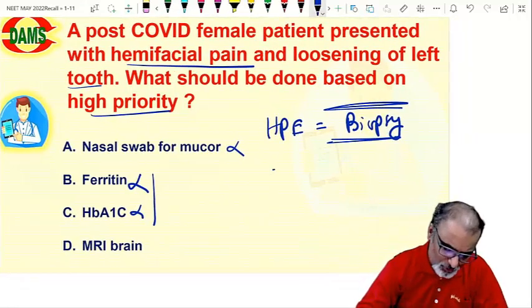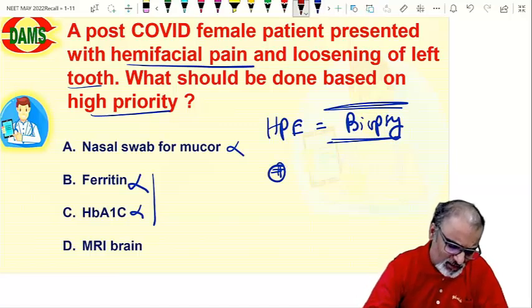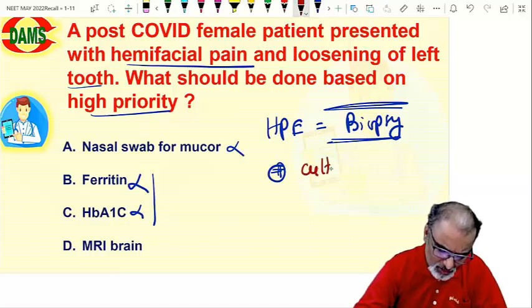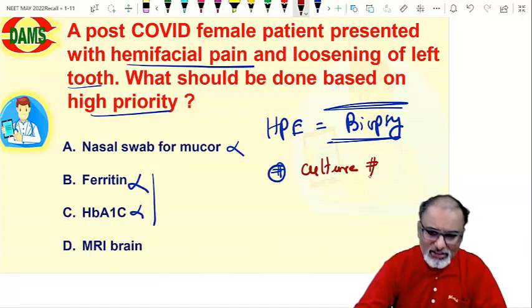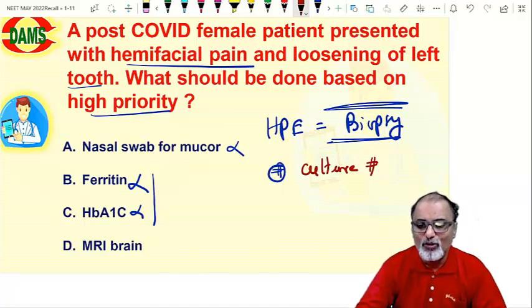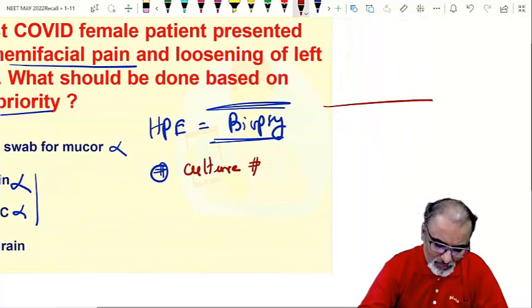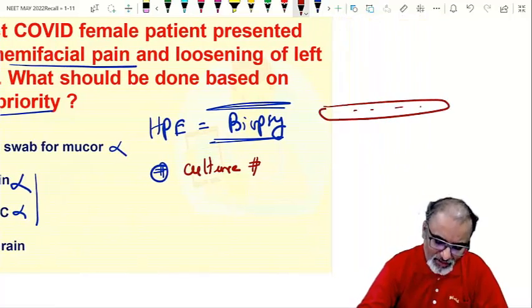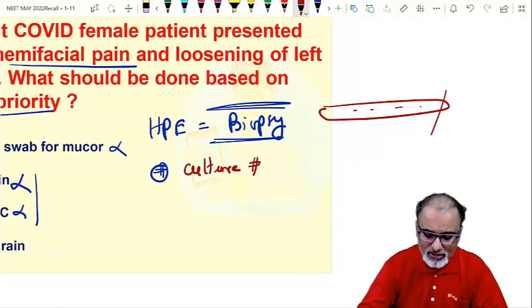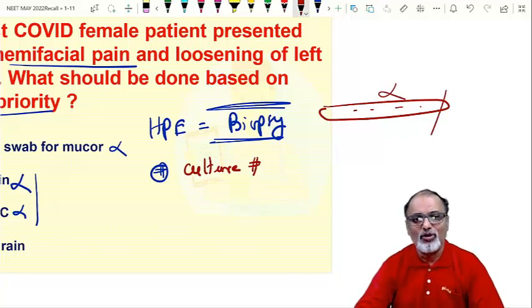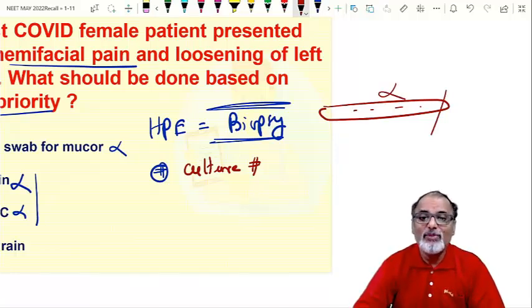Number two, culture. Culture is not much reliable because when you are managing the specimen, mincing, homogenizing it, they are all aseptate hyphae. If any one cut is there, the whole hypha will be lost, so the yield will be less.